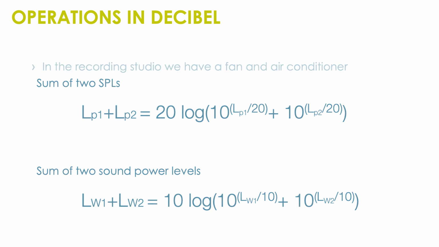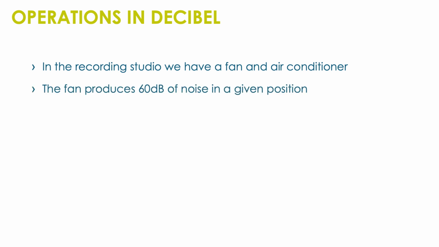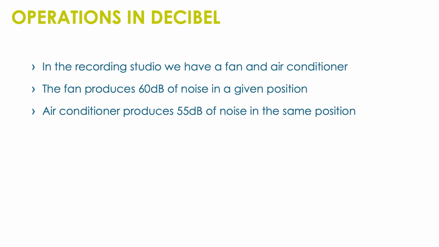For example, if we have a fan and an air conditioner that produce respectively 60 dB SPL and 55 dB SPL of noise, the total noise is calculated using the logarithmic formula that we have seen before in order to account for their combined intensity that, as you can understand, is not the direct sum, but the logarithmic sum.